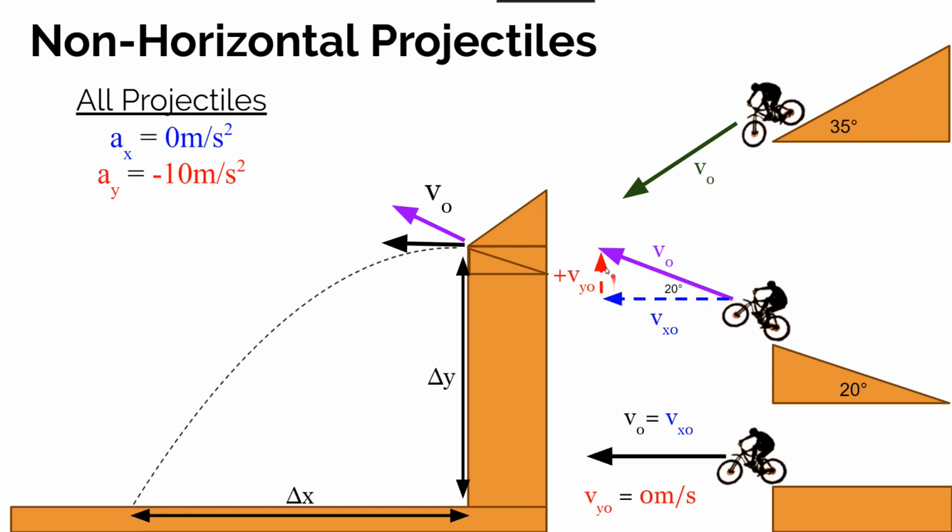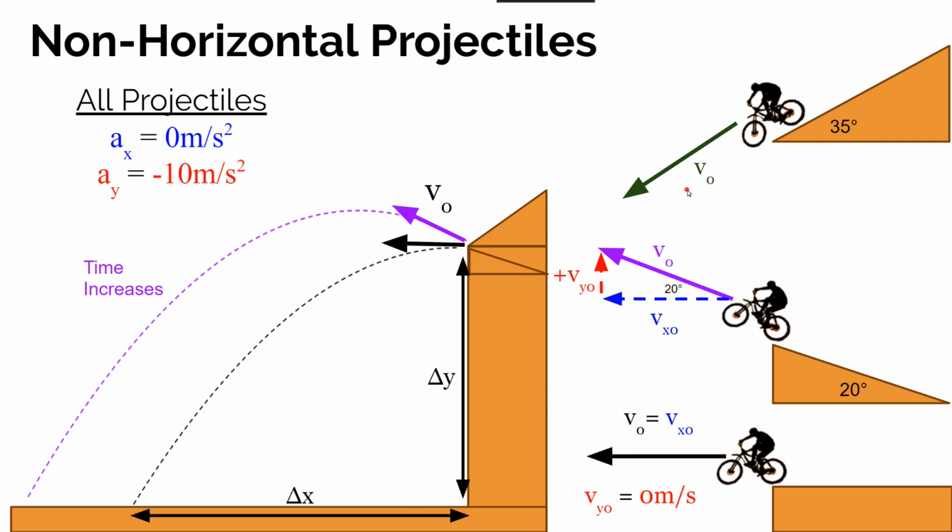Well, it's got a positive y velocity, so that's going to behave like, let's say, tossing a ball straight up. It's got to slow down on its way up and then speed up on its way down, and so it's going to spend more time in the air. And so if we look at this angled launch, the time increases, and so it's going to have more time to travel out horizontally.